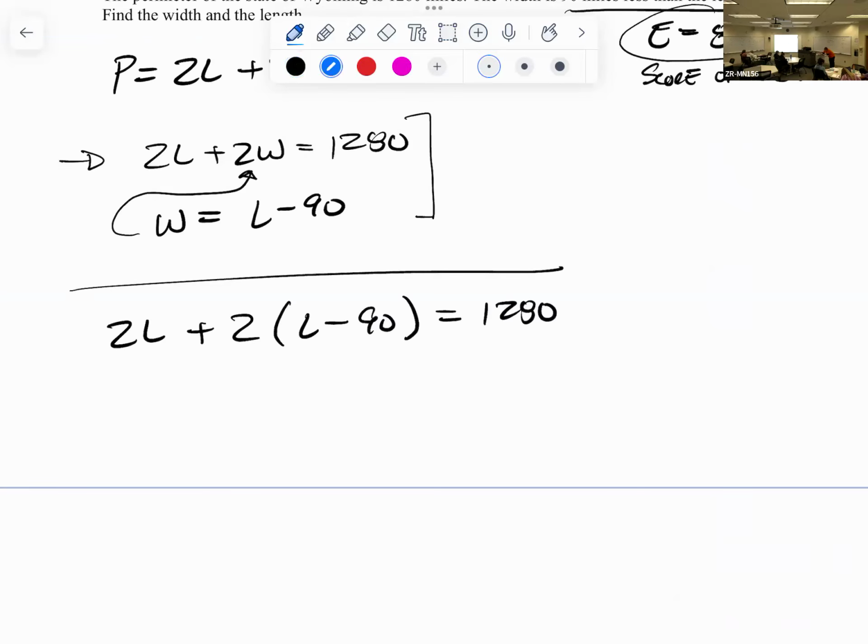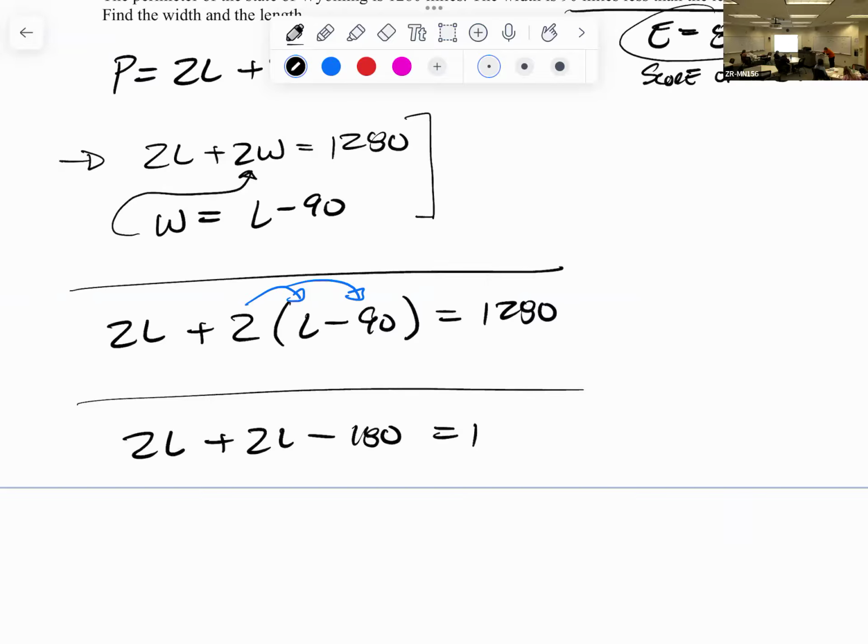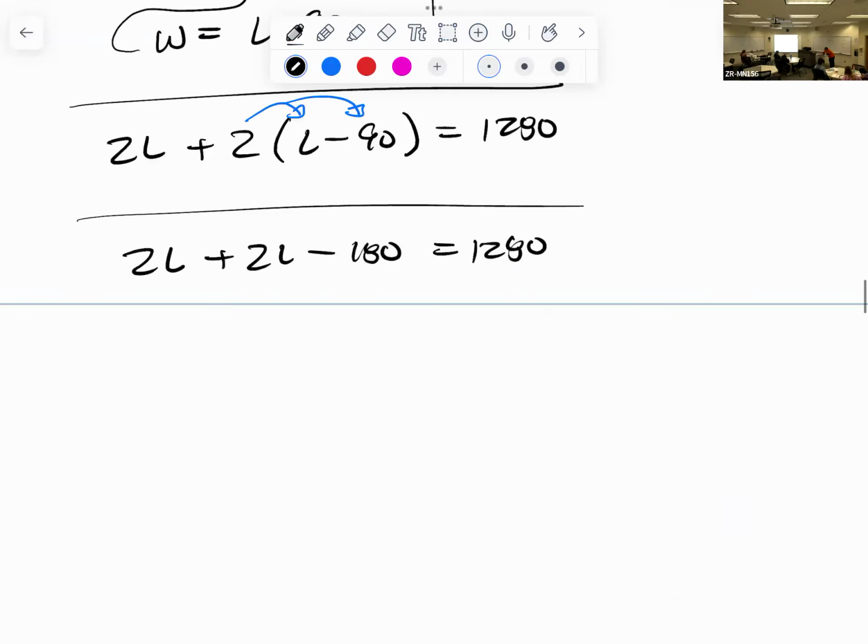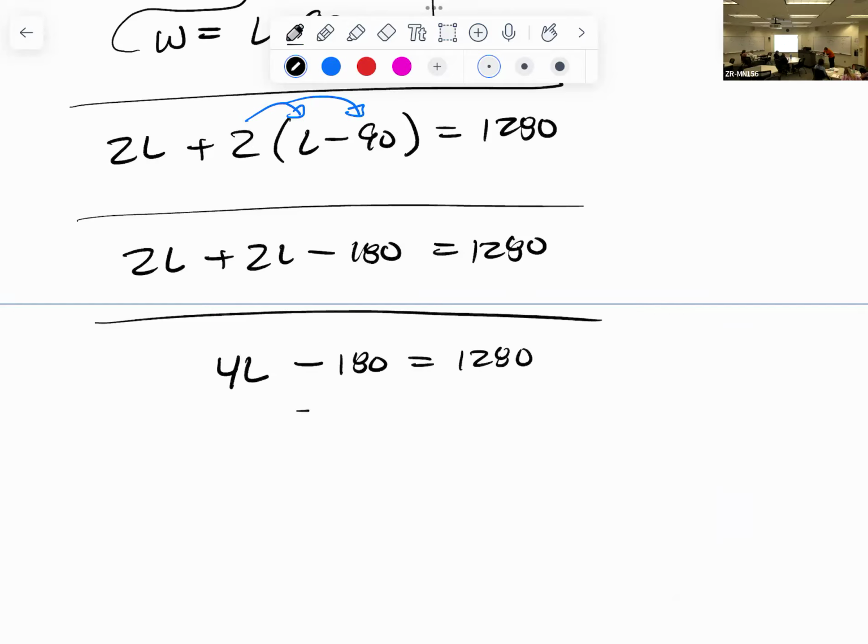And then what wonderful thing do we get to do? And then simplify. And pretty basic solve.